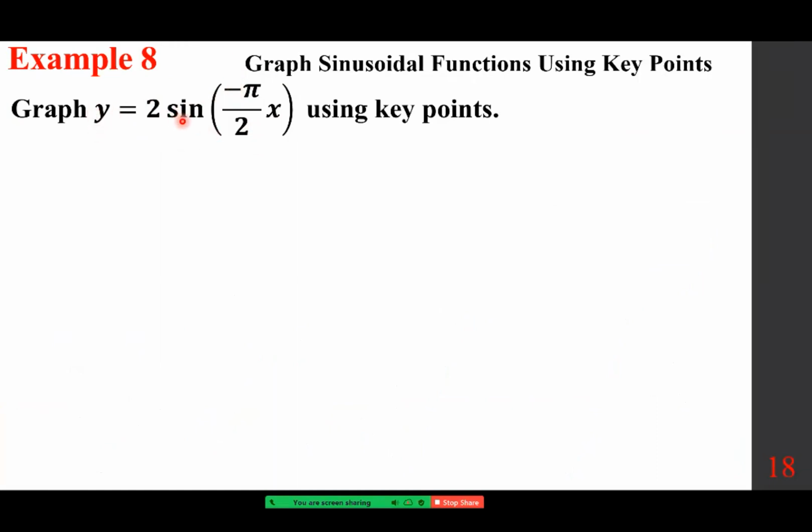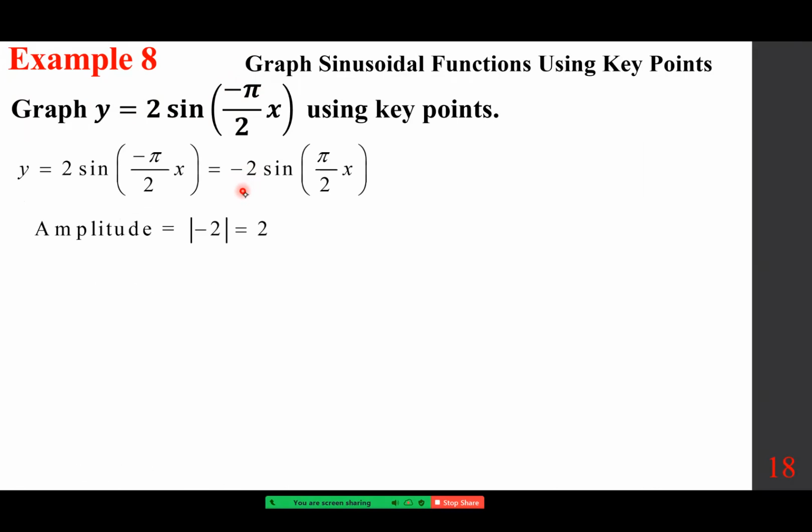For example, if this was cosine, this negative makes no difference. Since it's a sine, it comes out. That's the first thing you want to do because it's an odd function. Now you say the amplitude is the absolute value of that, which is 2. And the period is 2 pi divided by pi over 2, resulting in the number 4.